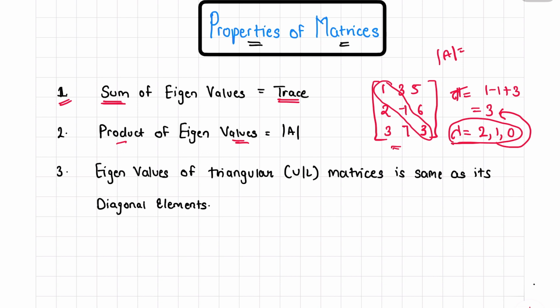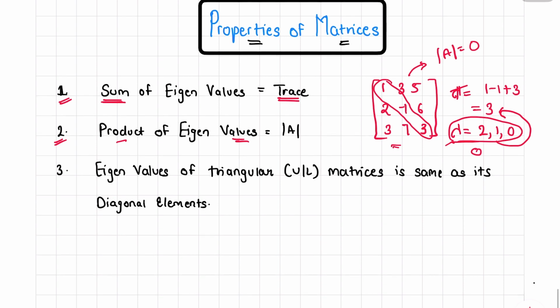So if we calculate its product, it comes out to be 0, and the determinant of this matrix we will suppose is 0. So the product of the eigenvalues will always be equal to the determinant of the matrix. This is our second property which you need to keep in mind.